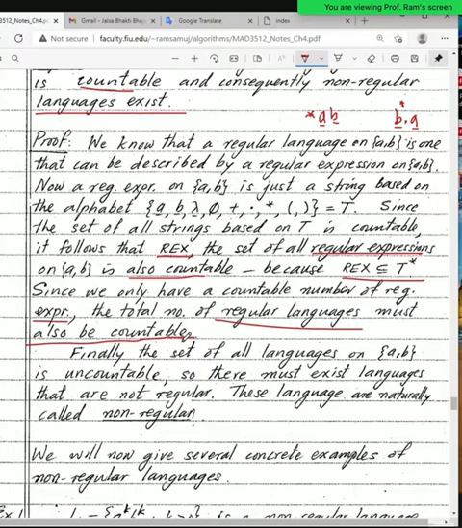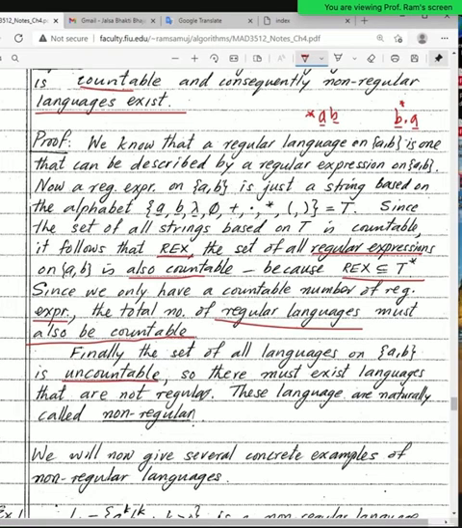So the set of regular languages is smaller than the set of regular expressions, and the set of regular expressions is smaller than the set of all strings. And the set of all strings is countable, because a string is a finite sequence of symbols, but not every finite sequence will produce a language. So you have this chain, and then finally, the set of all languages on {a, b} is uncountable.